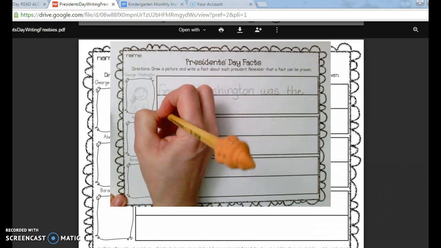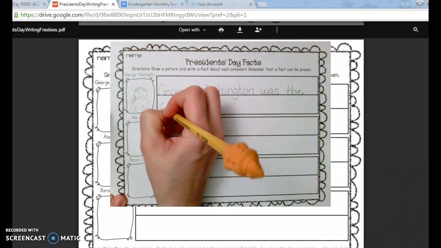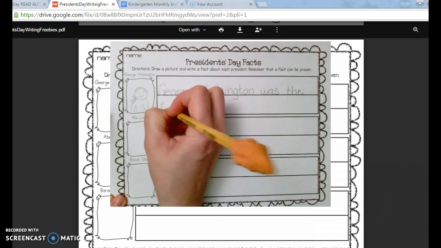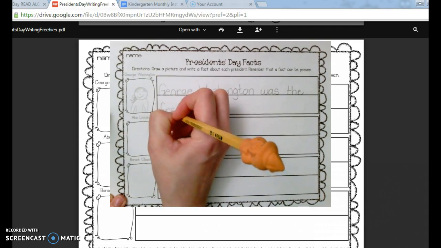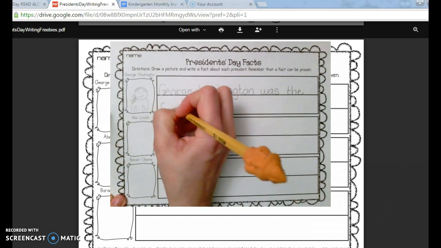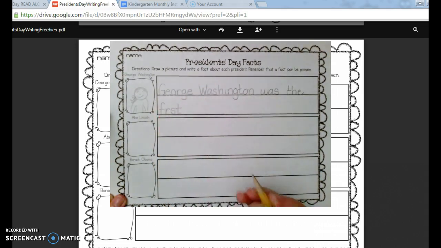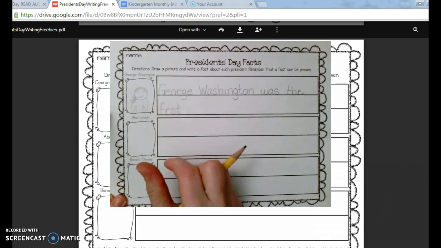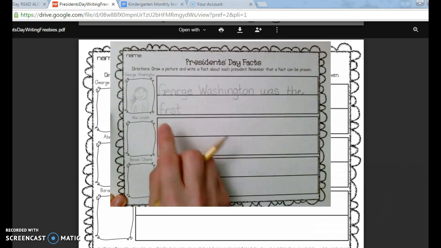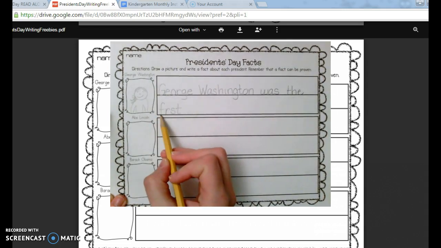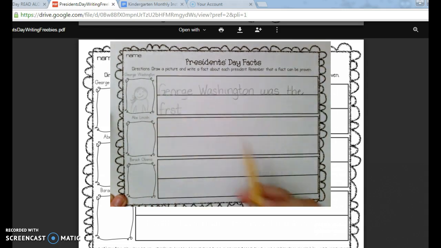Let's sound that out. George Washington was the first. Now, learning coaches, we are encouraging our students to write phonetically, so they are writing the sounds that they hear. And in first, you might hear first.